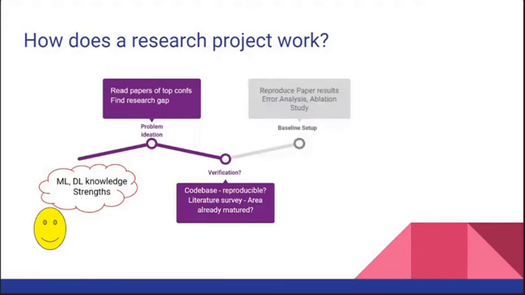The next step will be setting up the baseline, right? Since you already have the code base and you think that the area is not already matured, you try to implement the code base. Each of these points I will go into in detail in future seminars, but this is just to give you an overview of the basic steps. You take a GitHub repo, and in the readme file you will see that they have steps.